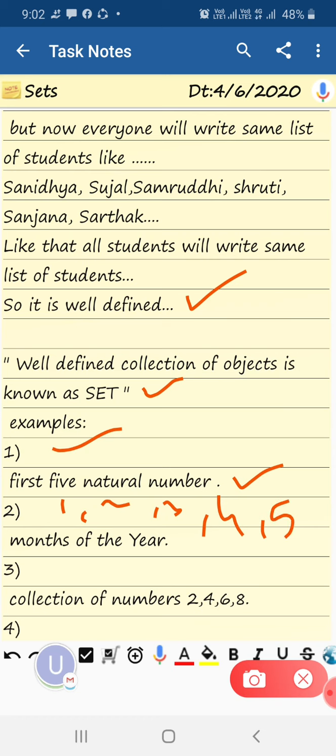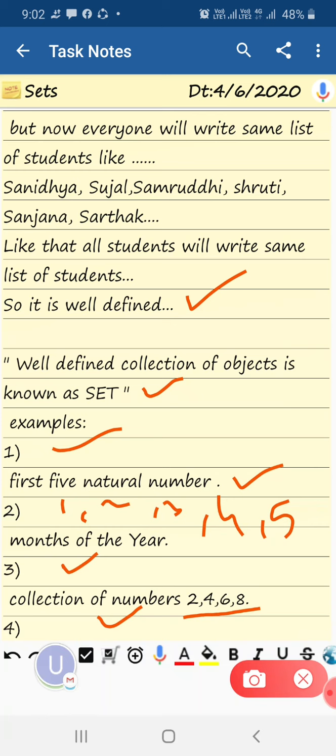Months of the year, that also everyone will say: January, February, March, April, May, June, July, August, September, October, November and December. The same, collection of numbers 2, 4, 6, 8, so that we can write down easily. So these all are sets.